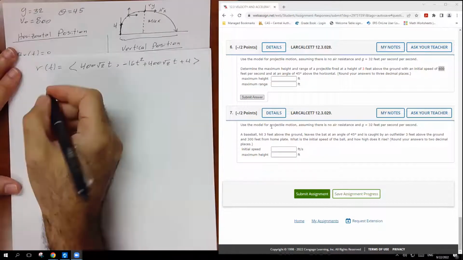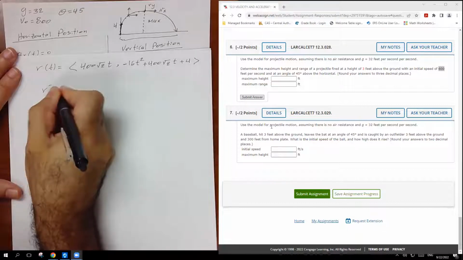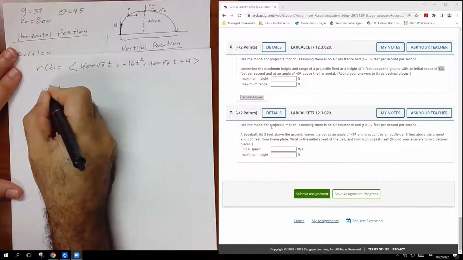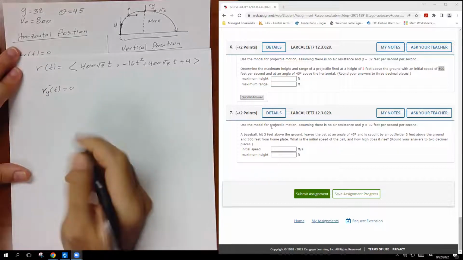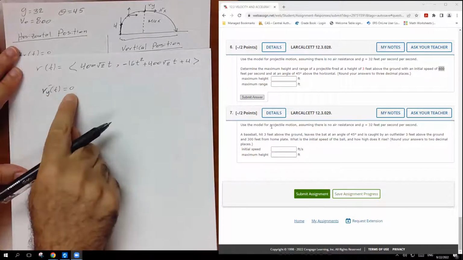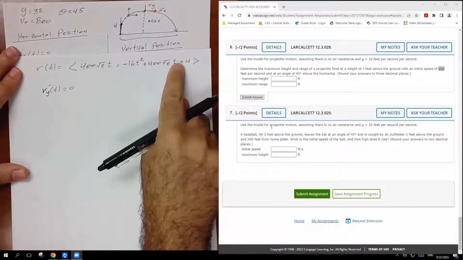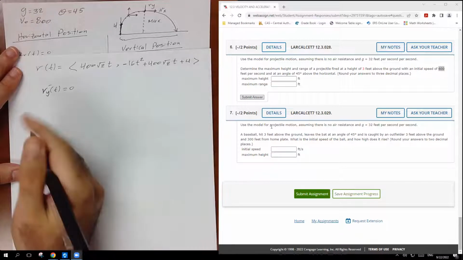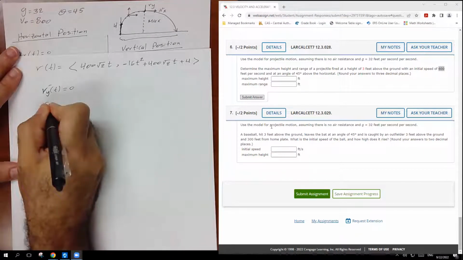I already know that at the maximum height, the derivative of the position vector with respect to y equals 0. So I have the position vector. Let's differentiate it with respect to y. So it's going to be r sub y.